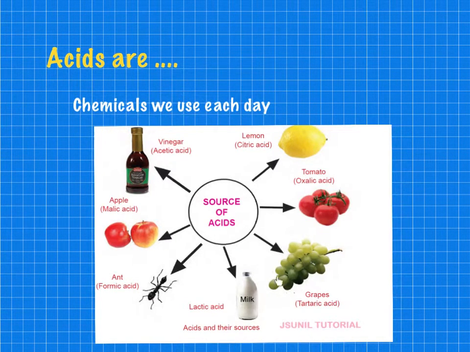Grapes can sometimes taste a little bit, yeah, we pull a funny face when we have a sour grape. And a sour grape is because of the acid. In milk, we can have acid. Ants, when they bite us, and we end up with this nice red sting mark on our skin, it's because the ant injects an acid into us, and our skin goes, oh, don't like that.